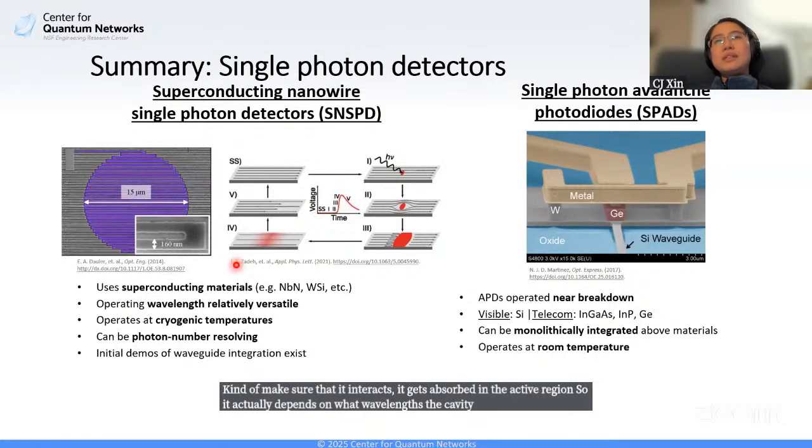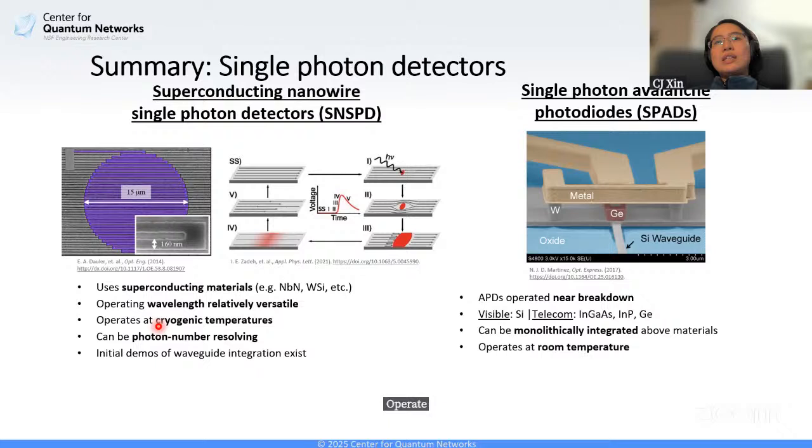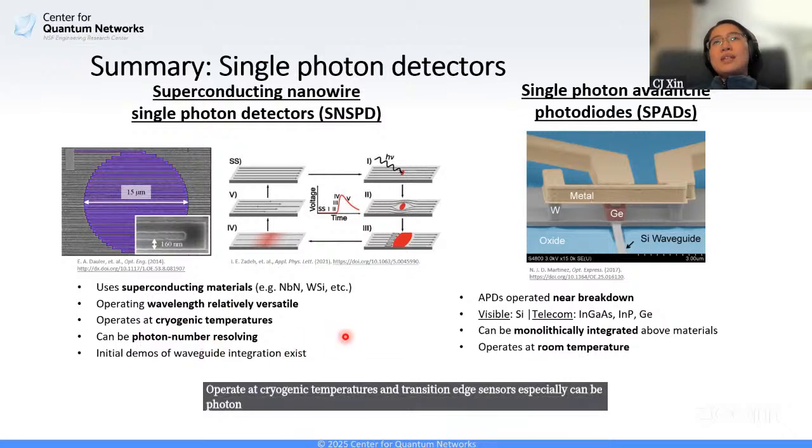The material itself can absorb photons across a very wide range of wavelengths, but it does have to operate at cryogenic temperatures. Transition edge sensors especially can be photon number resolving, but you can also get photon number resolving SNSPDs by applying a bunch of data analysis. And there are a lot of demos of waveguide integration.